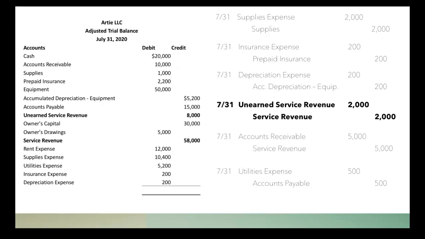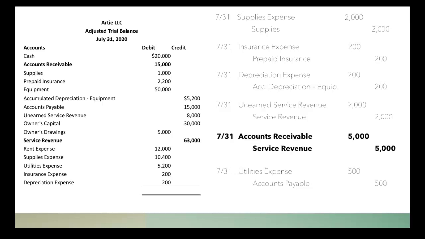Now our fifth adjusting entry, we see our accounts receivable and our service revenue changing. So accounts receivable had to increase by 5,000 and service revenue had to increase by 5,000. So we make those changes on our adjusted trial balance.